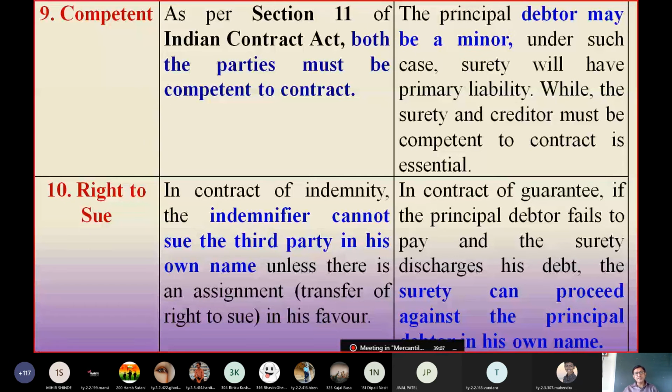Now, the promisor, the indemnifier, cannot directly sue the third party in his own name. Let me provide you one example. You have taken vehicle insurance and there is an accident with your vehicle by a third party. The third party is responsible for such accidents, say for example, and the promisee is trying to recover his losses.